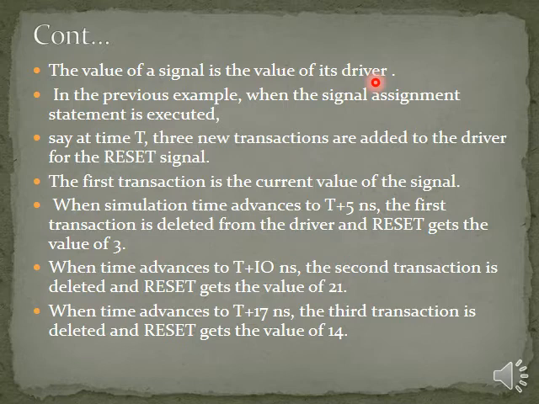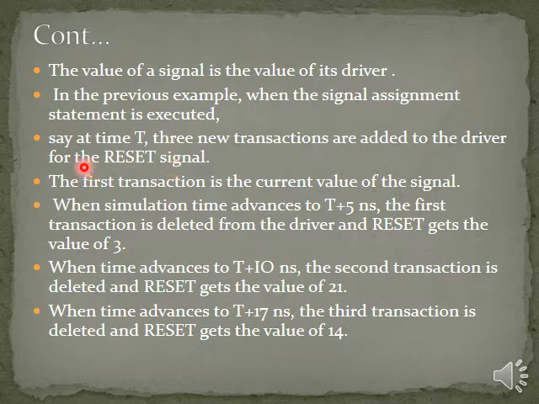Okay, and in the previous example, when the signal assignment statement is executed, say at a time t, 3 new transactions are added to the driver for the reset signal. What I have explained before, the same thing here I have explained in the form of words.